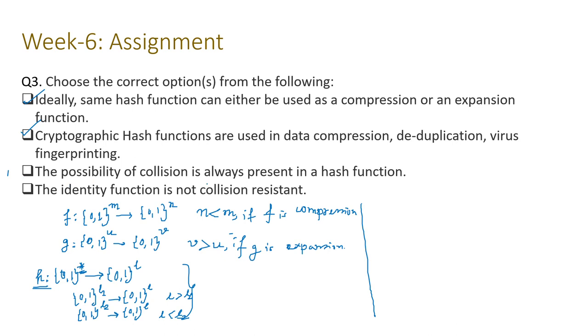The possibility of collision is always present in a hash function. Is this true? We are always talking about collision resistant hash functions. So does that mean that there is no collision at all? That no two inputs x1, x2 can be found such that h of x1 equals h of x2?